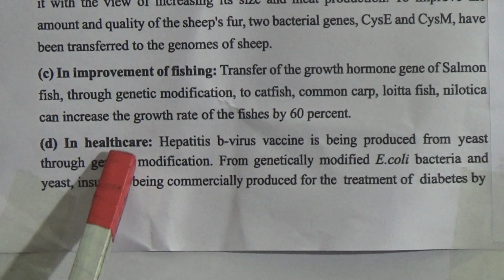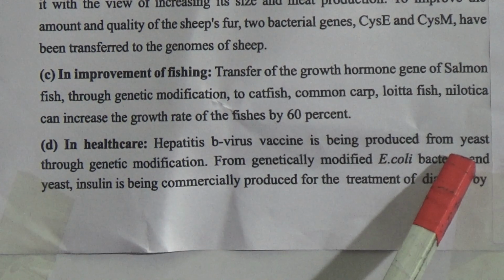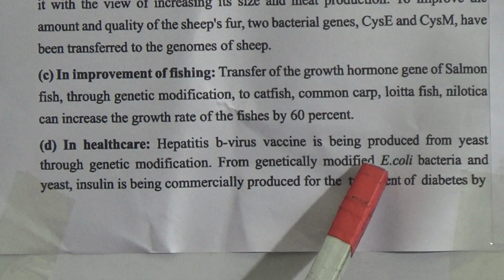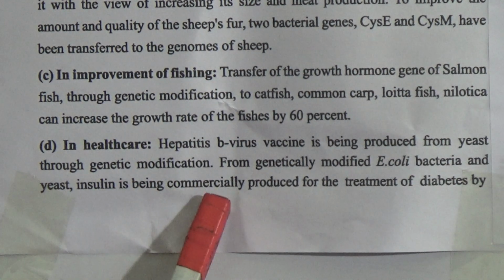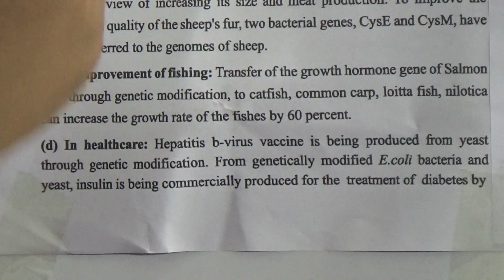Now come to healthcare. The hepatitis B virus vaccine is being produced from yeast through genetic modification. From genetically modified E. coli bacteria and yeast, insulin is being commercially produced for the treatment of diabetes by using the gene which produces insulin in the human body.